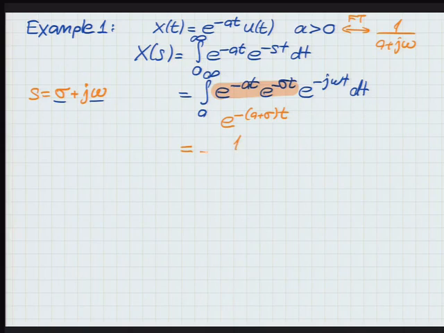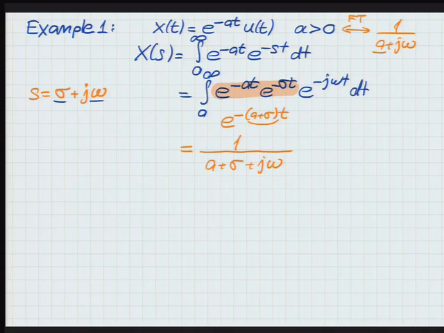So what is that? Instead of a, now I have a plus sigma. Just change this a to a plus sigma, and you're going to get 1 over a plus sigma plus j omega. So that's it. But then this should be a function of s, so let's identify an s hiding in this expression. That shouldn't be hard.